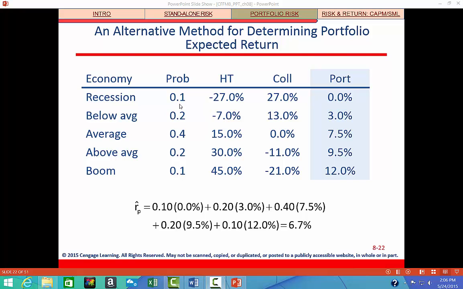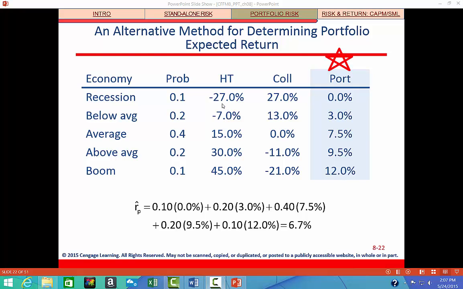What you would have to do is take the information from that table we had a while ago, from recession all the way to the economic boom, get the expected returns in those different states for both companies, high tech and collections, and calculate what the portfolio return would be for each one of these. And so they've already calculated the return on a portfolio of these two.